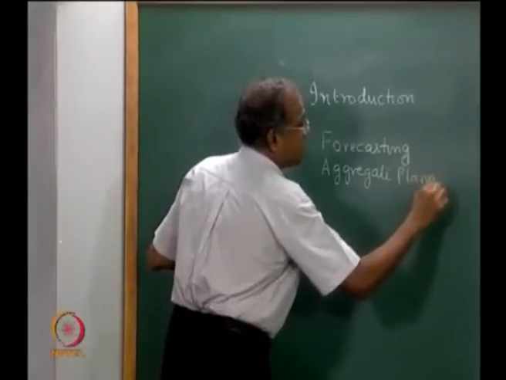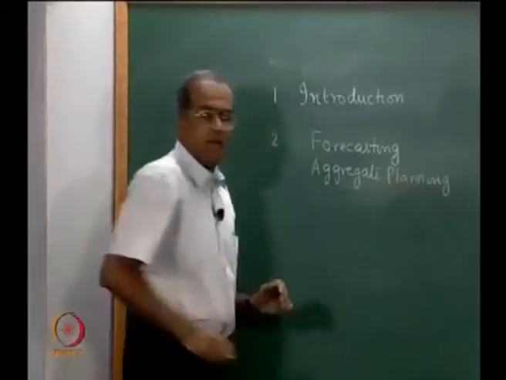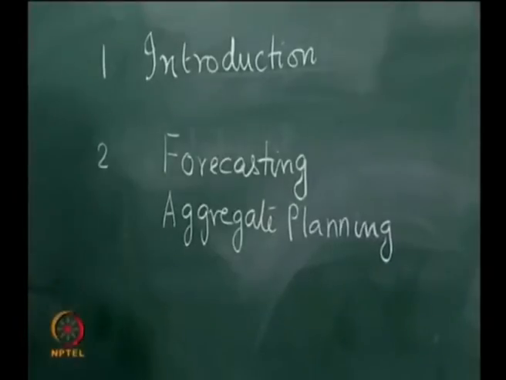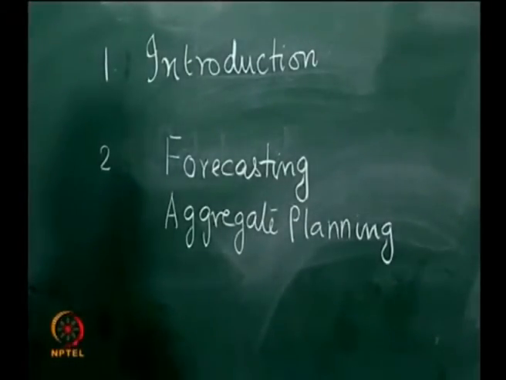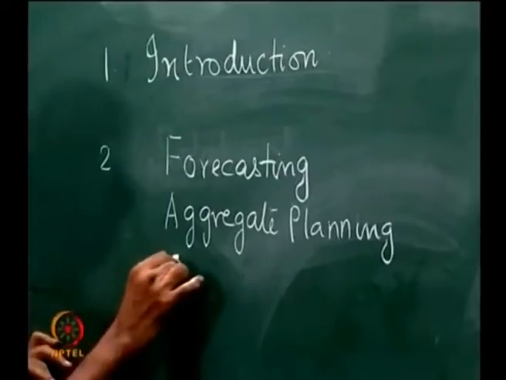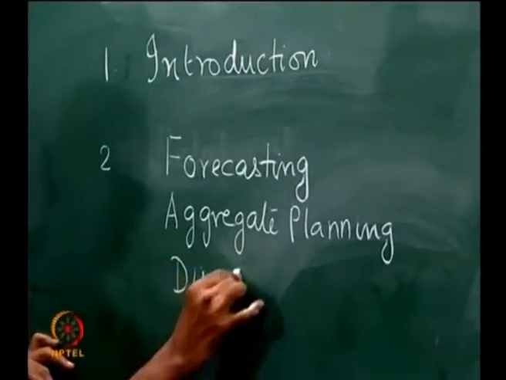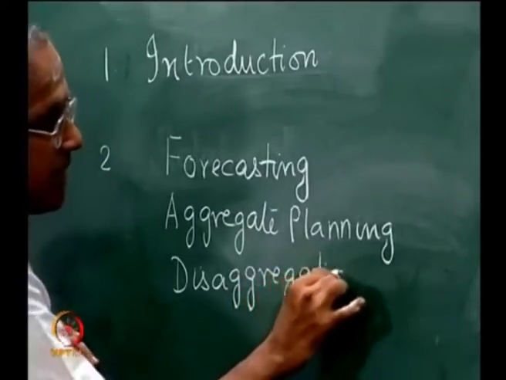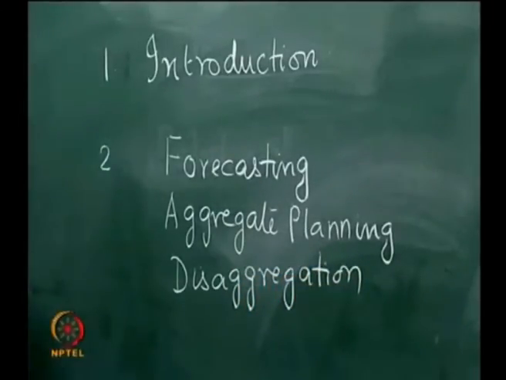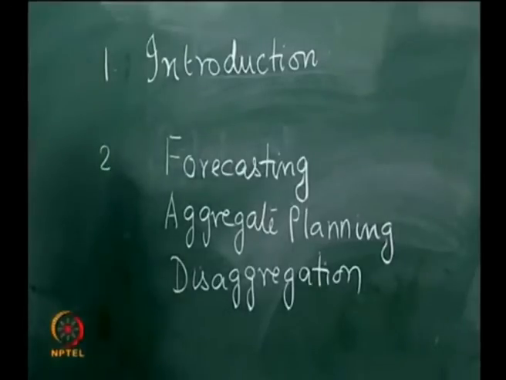where using the demand for the products we made decisions on how much of regular time, overtime, capacity is being used. And from aggregate planning we moved to disaggregation, which gave us how the time that comes from an aggregate plan is going to be used to make different products.